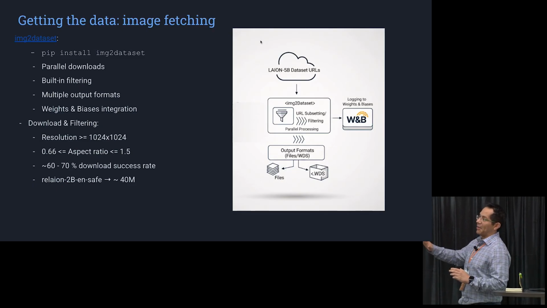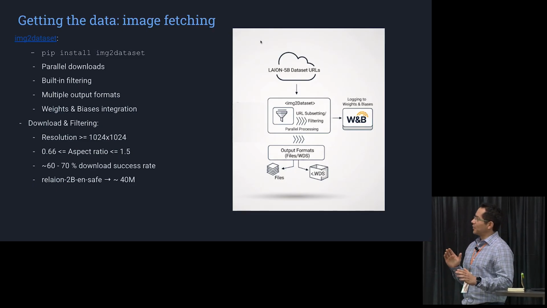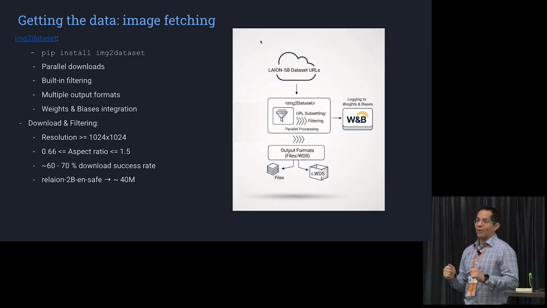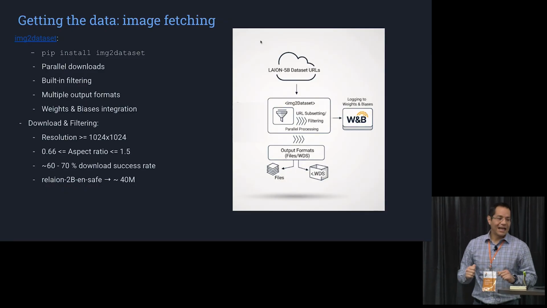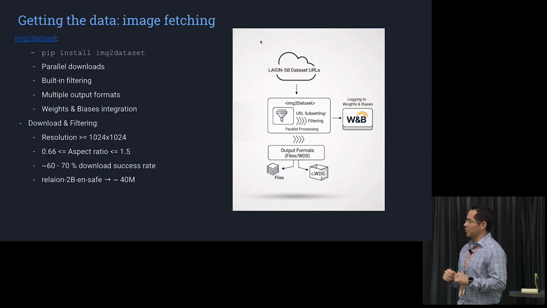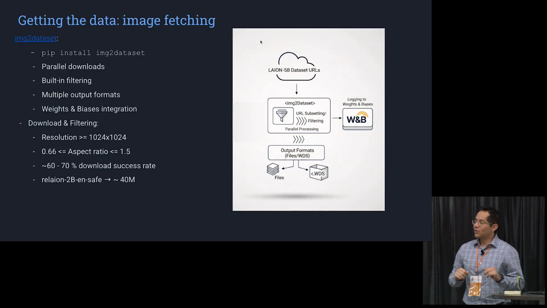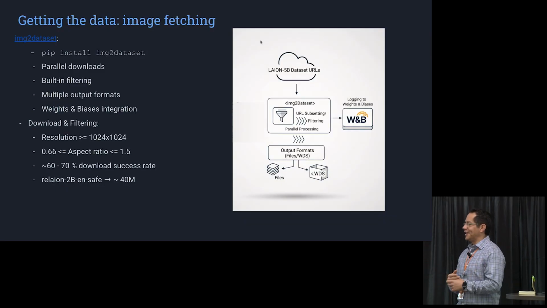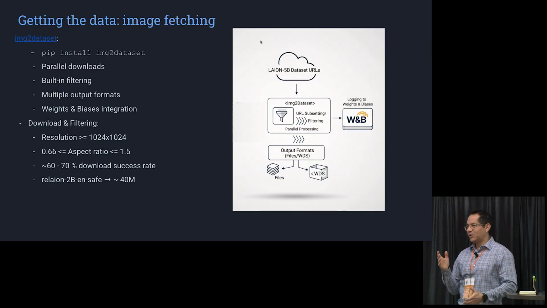So you start defining some parameters. In our case, the main ones were, as you see here in the filtering, the resolution. We wanted relatively high resolution images of greater than 1024, and aspect ratios that were not too far off from square. You can kick off this process, and what you'll find is that because you're going against the wild internet, you'll get a yield of about 60 to 70% of images that will actually download.